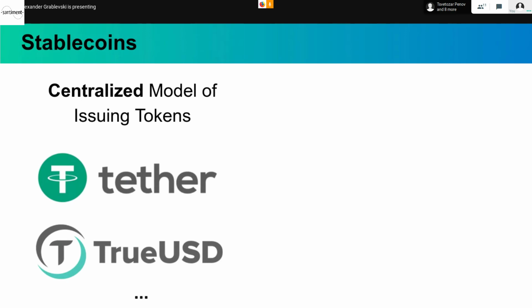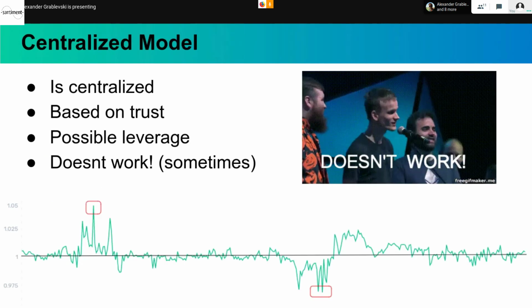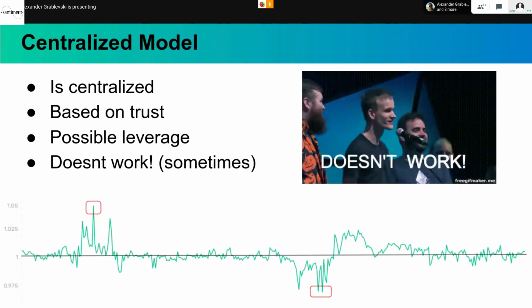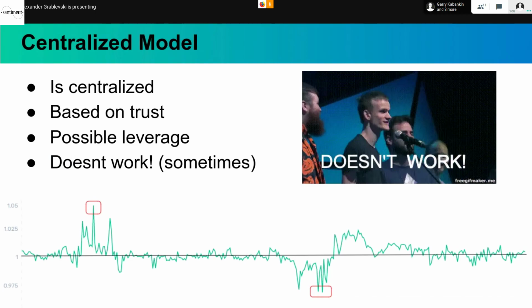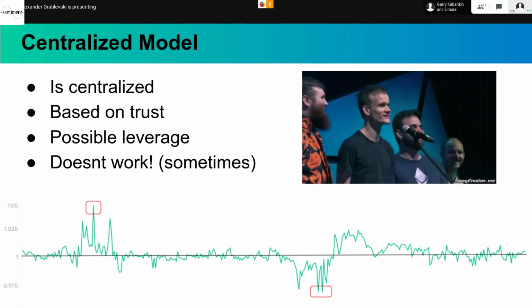It means that if you come to the Tether company and give them $1, they issue you one USDT token back. And actually, that's not going to work, because it is a centralized model based on trust, and that's not really how crypto works. And this trust model gives a possibility for leverage for the Tether Limited company.